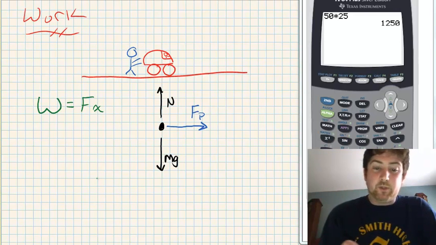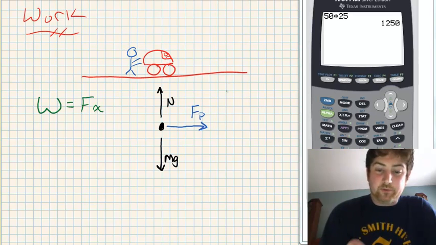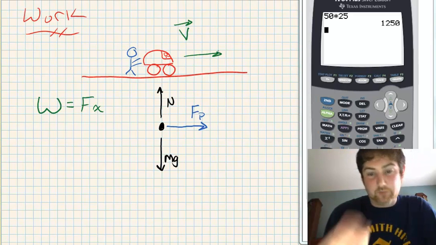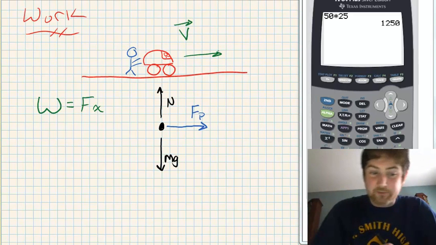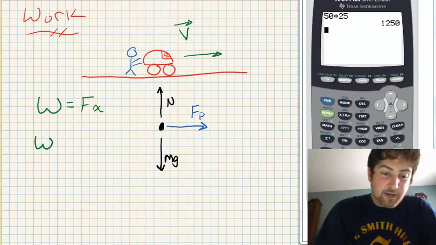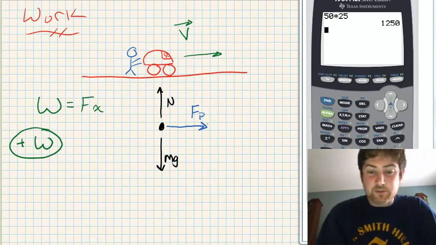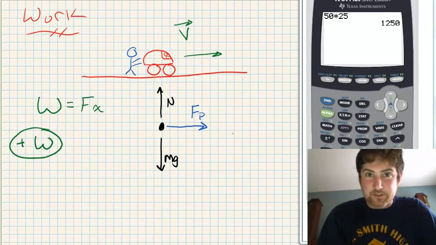Since my force is in the same direction as the velocity, to the right, we call this positive work. This is positive work because energy is being added to the system.